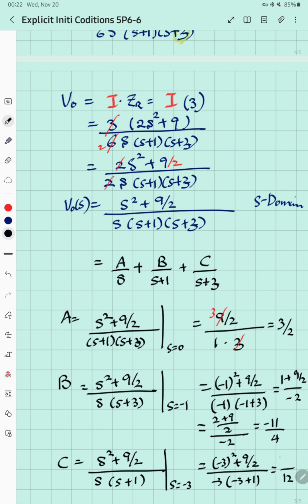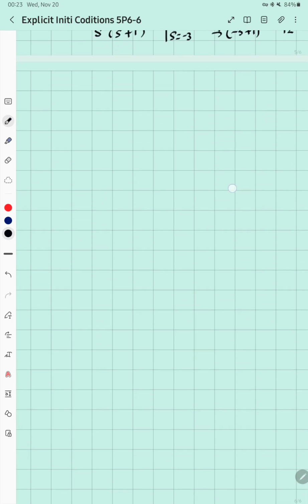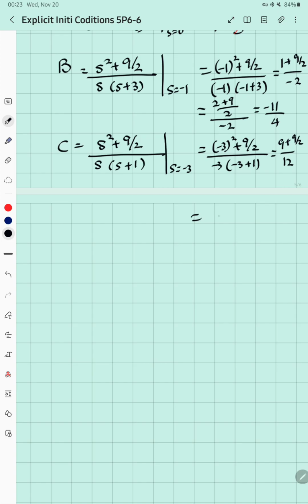So that is minus 2 times minus 3, that will be 6. The numerator is 9 times 2, plus 9. I'll just write them. That is equal to 18 plus 9 over 6 times 2, which is 12. 18 plus 9 is 27, 2 times 6 is 12, and you can further divide by 3.